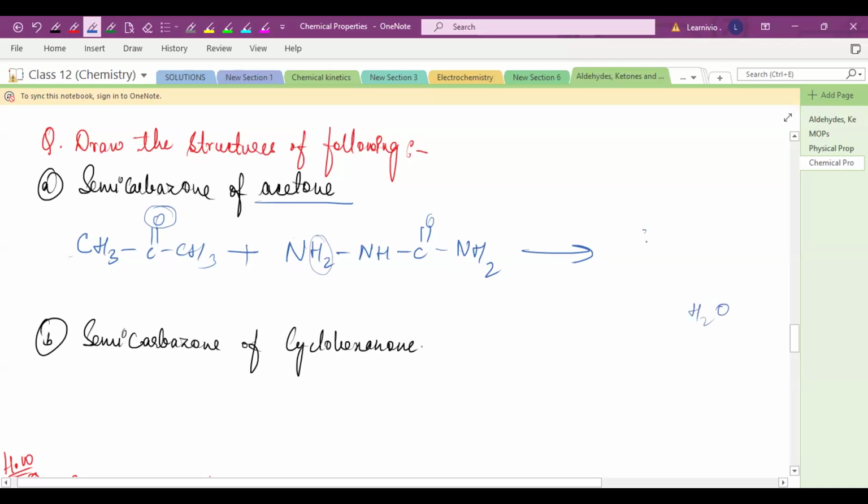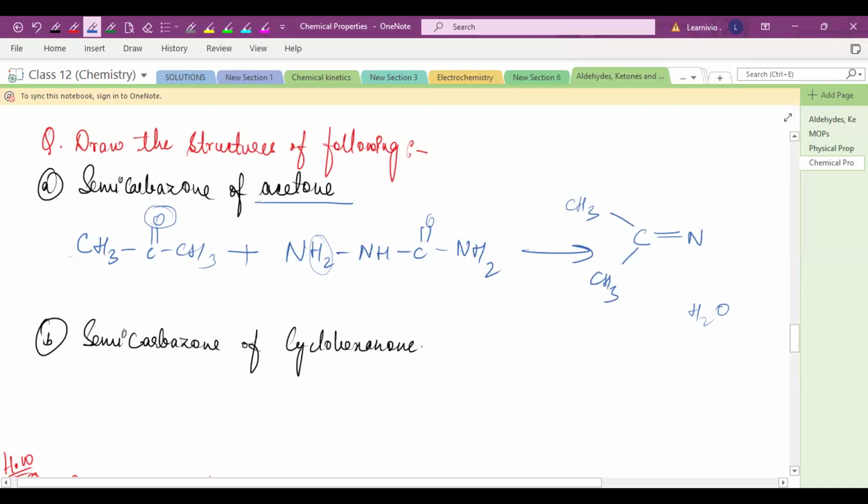How will you form it? First step is the same: you have to prepare carbon double bond nitrogen. Then here you can see CH3, CH3. This oxygen will be removed and this carbon forms a double bond with nitrogen. These two carbons are free, so you will write CH3 and CH3.